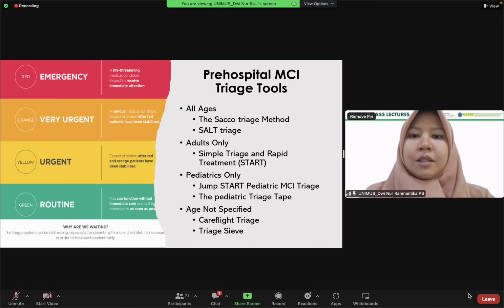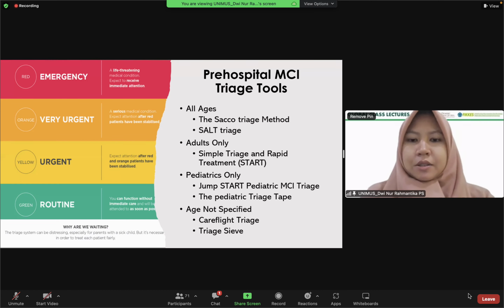In Indonesia, for some situations SALT is used, but mostly Indonesia uses START, simple triage and rapid treatment, because some research says it is simpler, easy to use, and effective to sort patients based on their conditions.